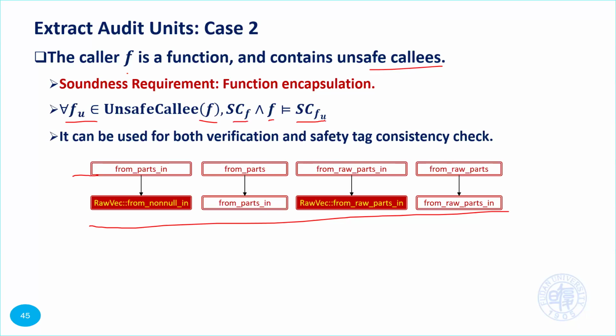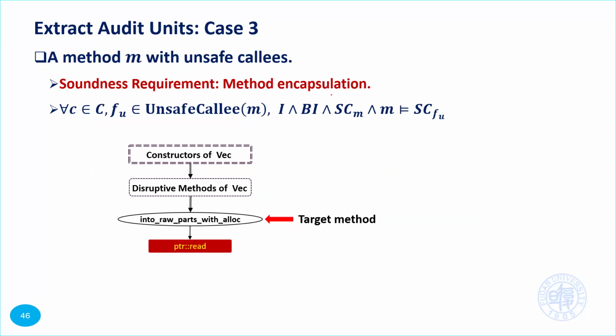If so, then we can verify the soundness of the caller. If not, either there are soundness issues, or the safety declaration of the caller is insufficient. So we can use this to verify the consistency of the safety tag annotation.